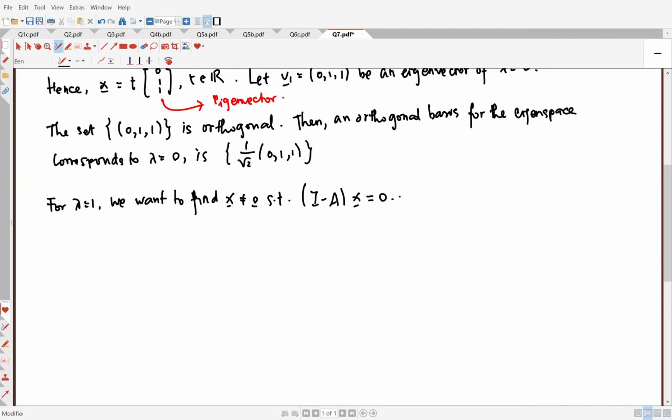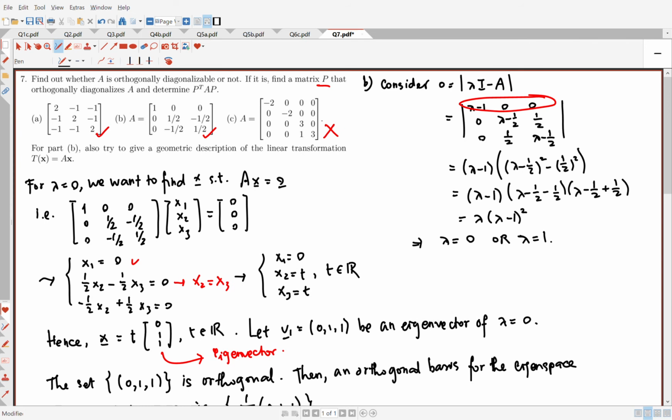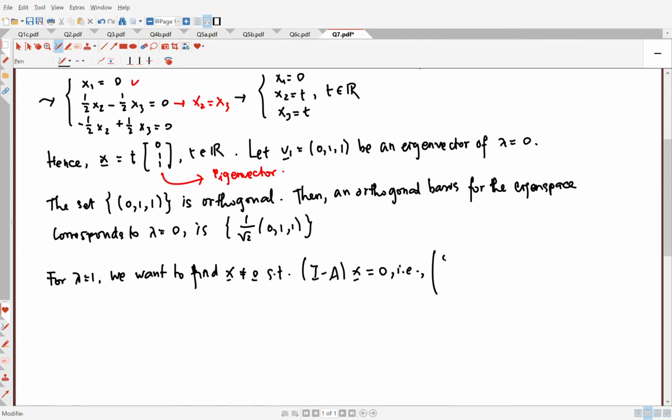In other words, what is my I minus A? So this will be 0, 0, 0, 0, half, half, 0, half, half, times x1, x2, x3 is equal to 0, 0, 0.